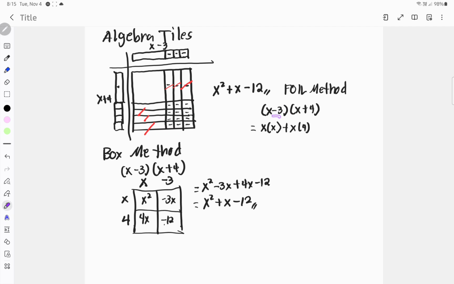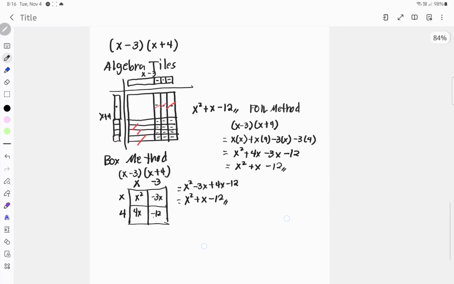You need to get negative 3 times x, followed by negative 3 times 4, so you get the sign. Now, x times x would be x squared plus 4x minus 3x minus 12. Since there are like terms, we have x squared plus x minus 12.